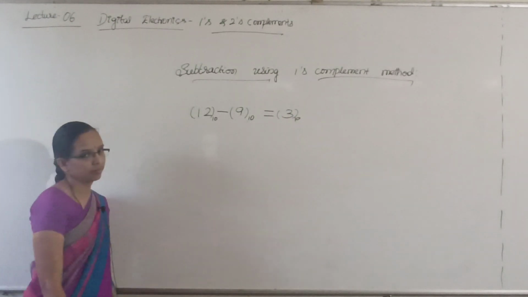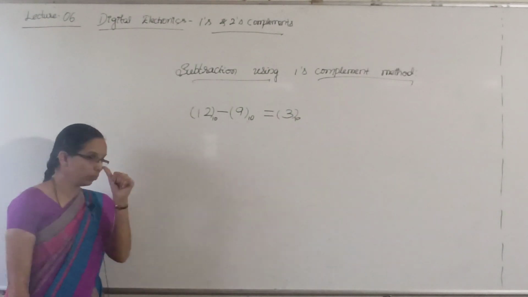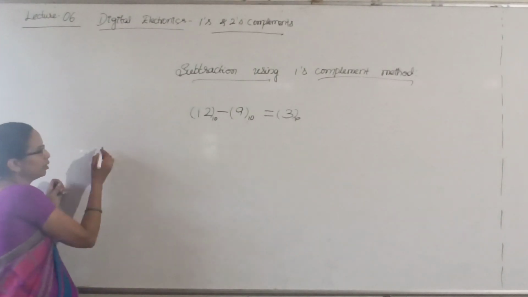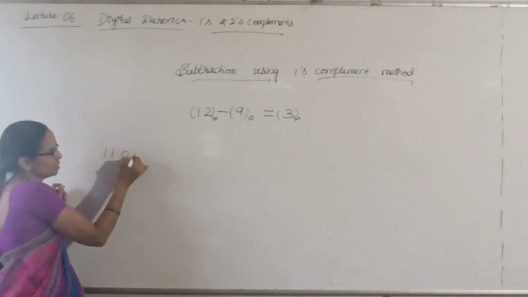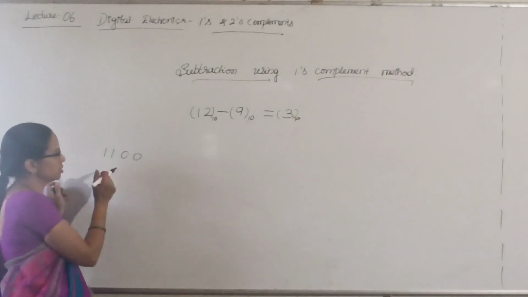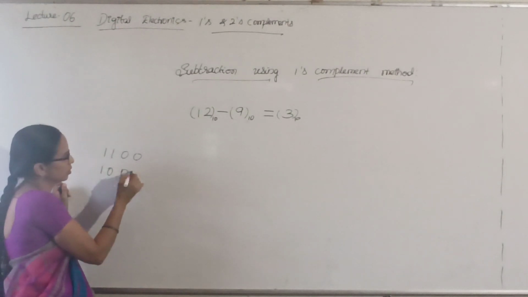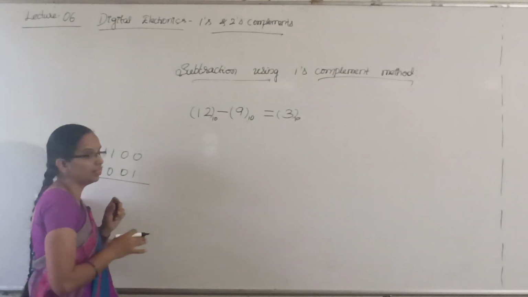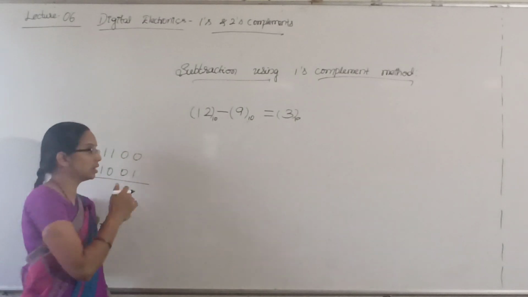Right? If you want to do it using normal subtraction, what will be the binary equivalent of 12? That is 1100. If you want, you can convert and check. That will be 1100. And 9 is 1001. If you want to do the subtraction, we have already learnt binary subtraction in the last class.